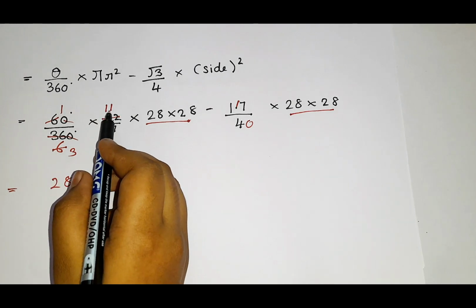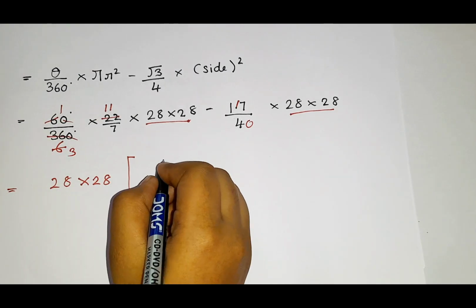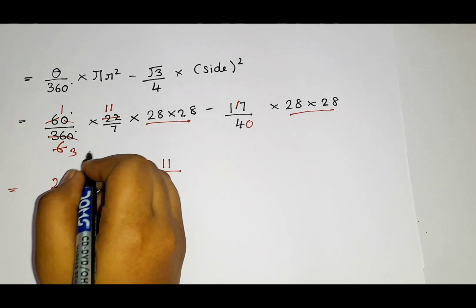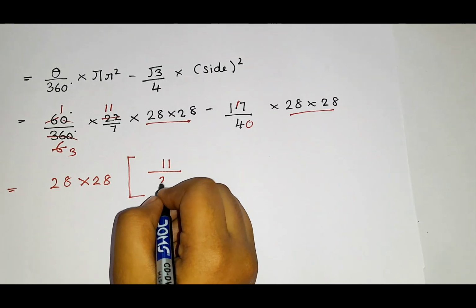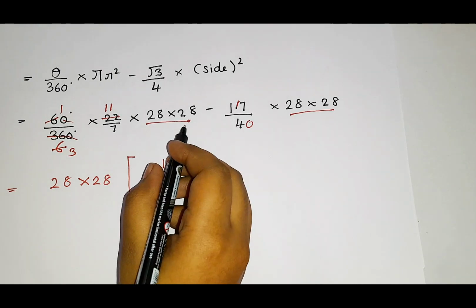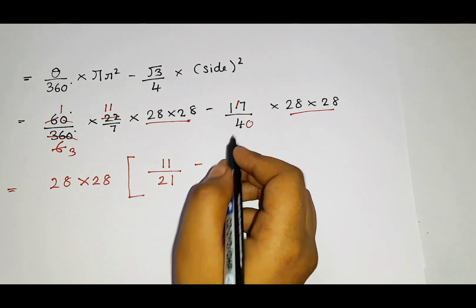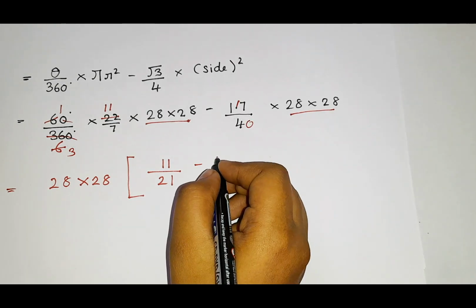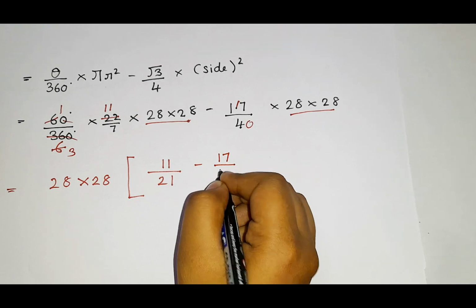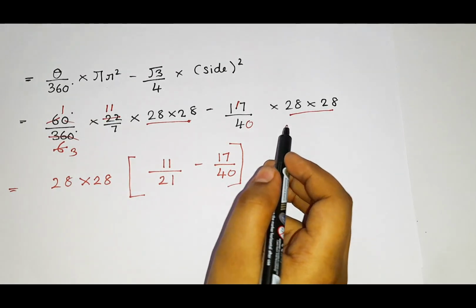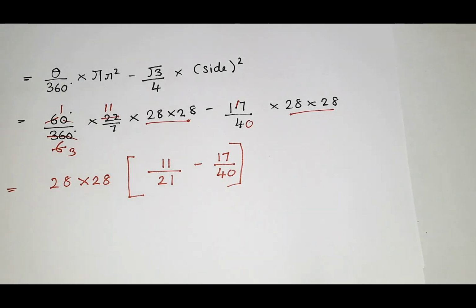Here we have 11, so 1 into 11 is 11 divided by 3 into 7, 7 3s are 21, and minus 17 by 40, since I took off the point, that is why it is 40. Let us close the bracket. You might be wondering, what about 28 into 28? We already took it as common. Why did I take it as common? Then only it will be easy to solve it.